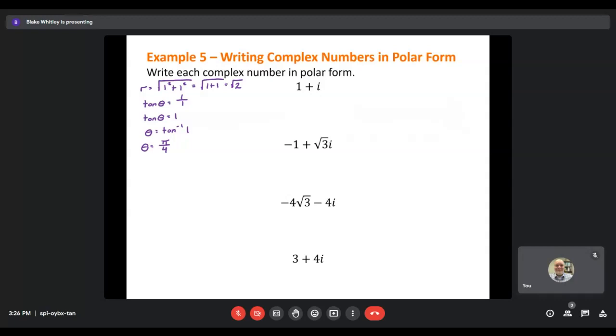And now that we have all the values, now we can put it into our form. So we get z equals, we start with the r value, so that's square root of 2, times cosine of our theta value, pi over 4, plus i times the sine of our theta value, which again is pi over 4.